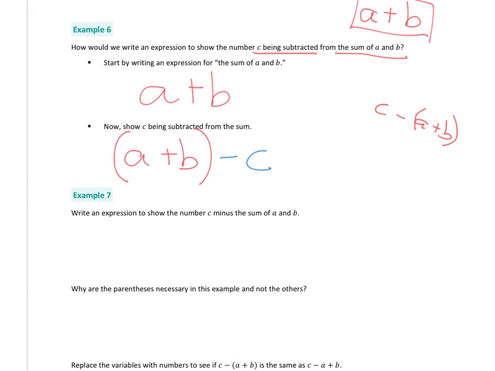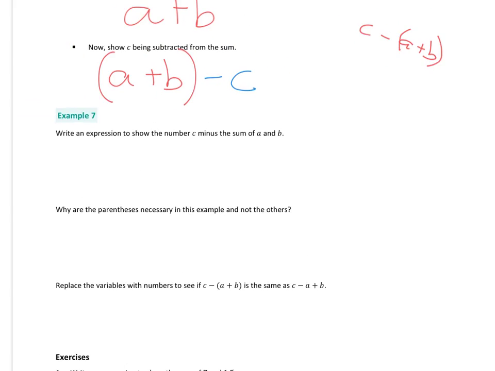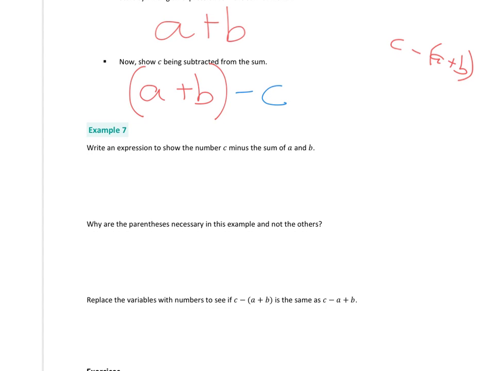And lastly, we have: write an expression to show the number C minus the sum of A and B. Well, hey, I just did that up here. So that is just going to be down here.